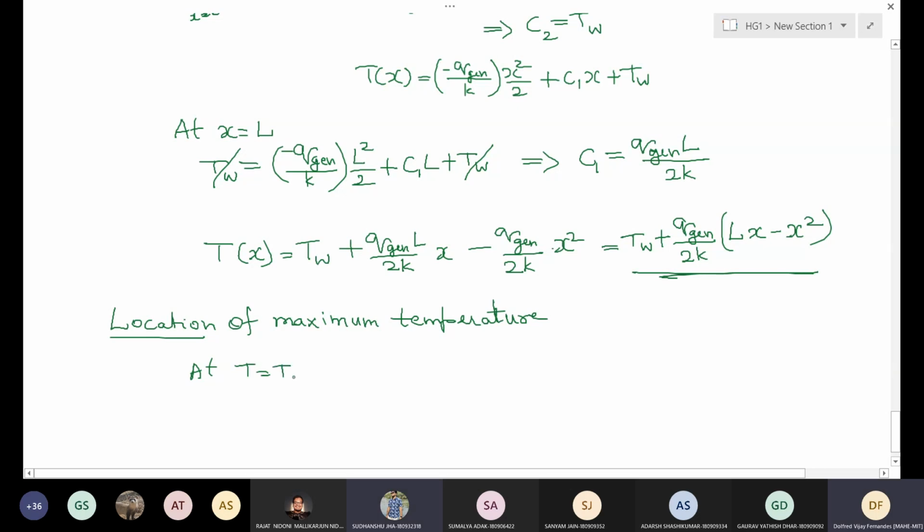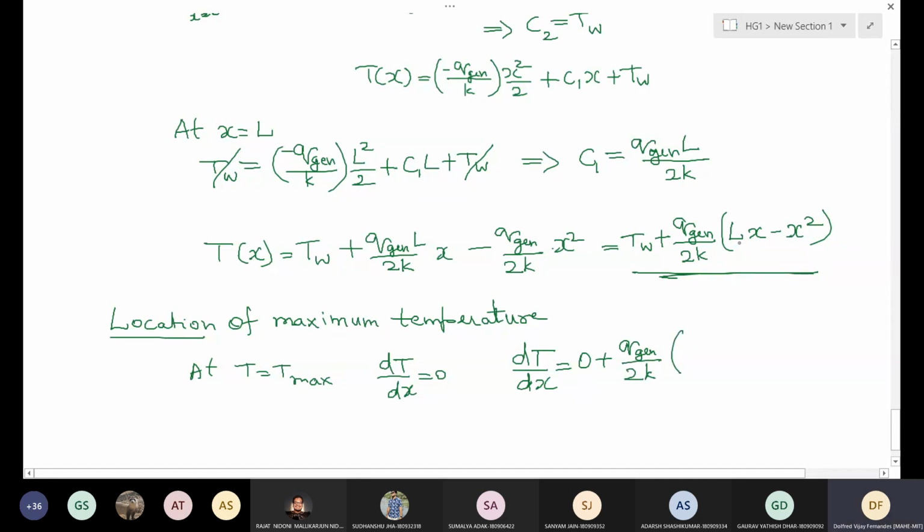T equal to T max, dT/dx equal to 0. So you have the temperature profile here. Tell me, what is dT/dx? It is T_W, so it's 0 plus Q generation divided by 2K.